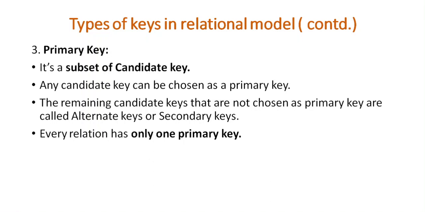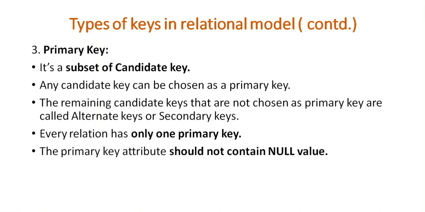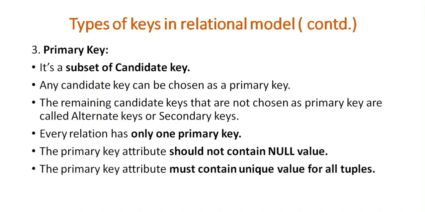So when we have a number of candidate keys, we need to choose a single attribute or only one set of attributes which can act as the primary key for the relation. Another condition for a primary key is that whatever attribute we choose should not contain any null value. We cannot insert a null value in a primary key.